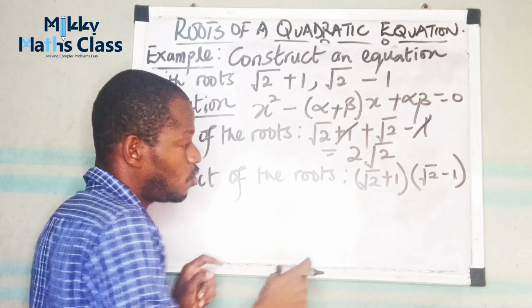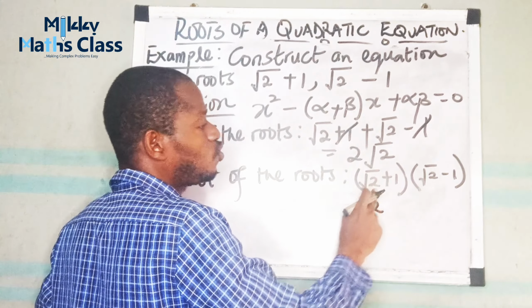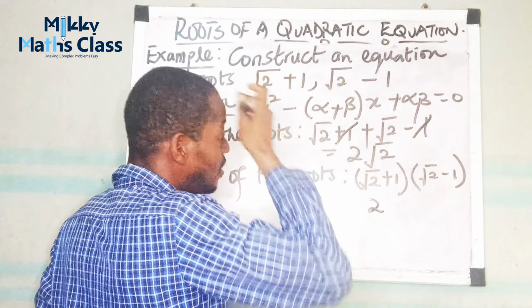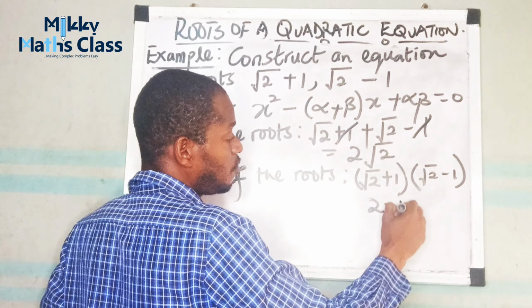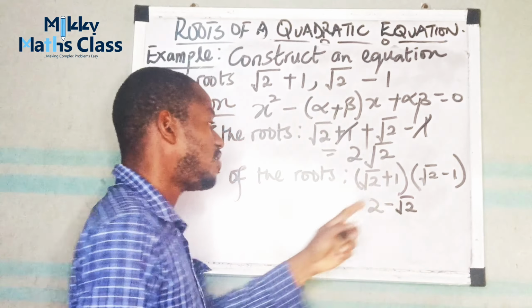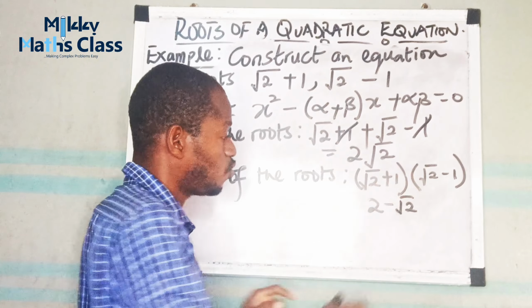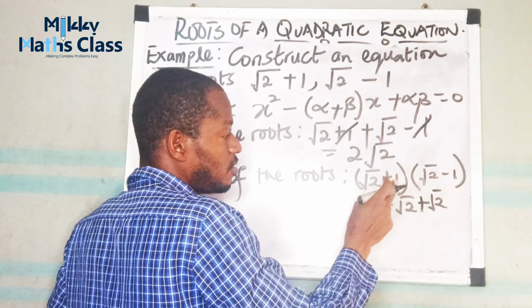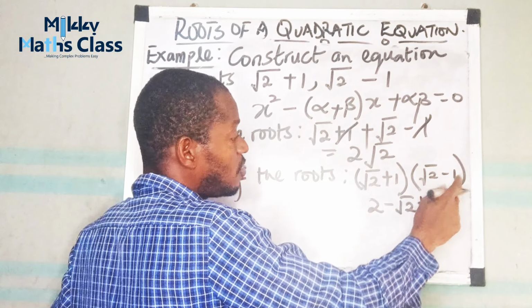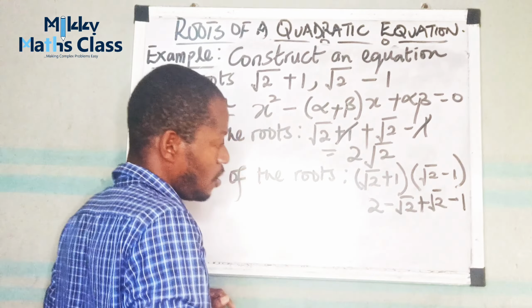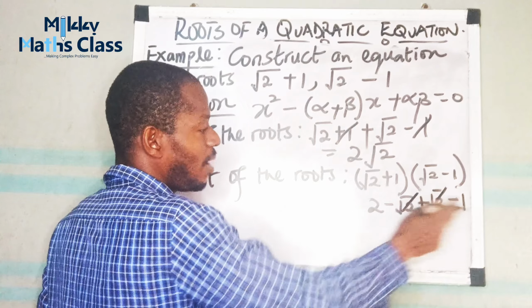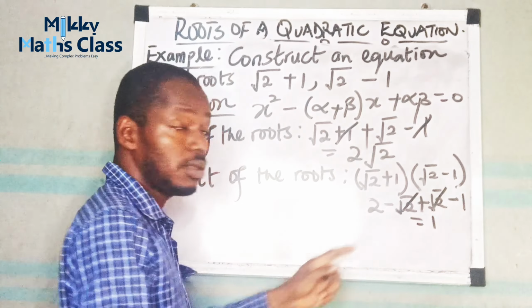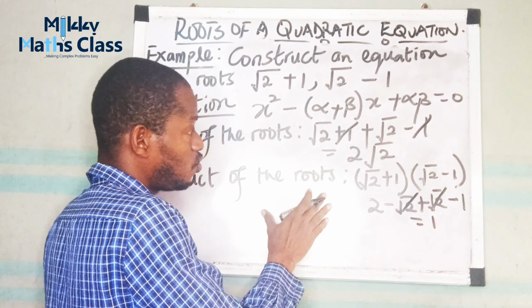Square root of 4 is 2. So that's 2. Root 2 times -1, that will give us what? Negative root 2. We are done with this. Let's multiply with this. 1 times root 2 is plus root 2. This times this, positive 1 times -1 is -1. So this and this will go off. 2 minus 1 is equal to 1. So the product of the roots is 1.